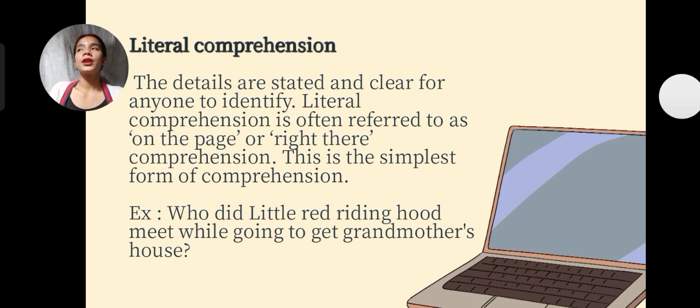If the question is using the word who, the answer would be a name of a person or a name of an animal, since in fables, although there are animal characters, those animal characters also have characteristics of humans. So here the identifier would be the word who, since literal comprehension can be answered by who, what, when, why, and where.